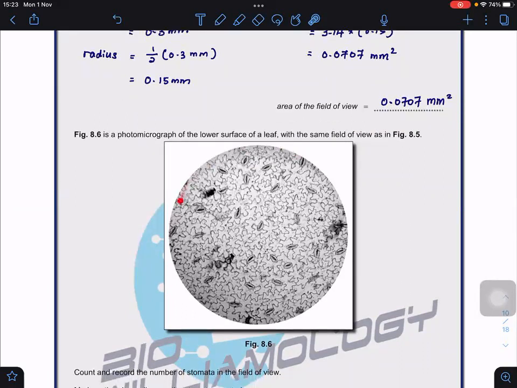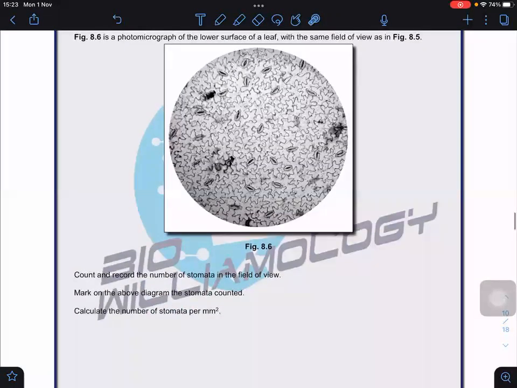If you look at figure 8.6, the same field of view, the area here is equal to 0.0707. So therefore, you can now count and record the number of stomata in the field of view, mark on the above diagram the stomata counted, and calculate the number of stomata per mm squared. Okay, so let us count.